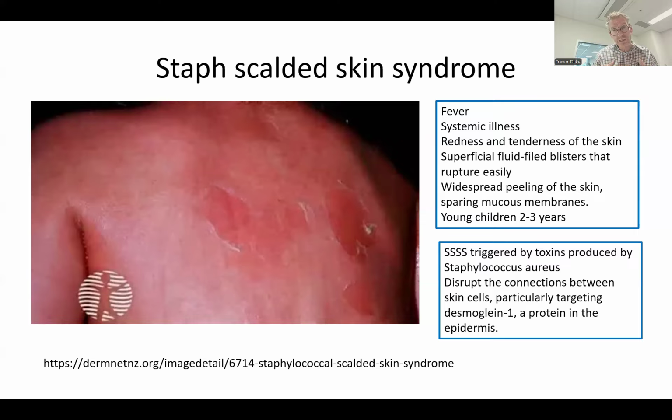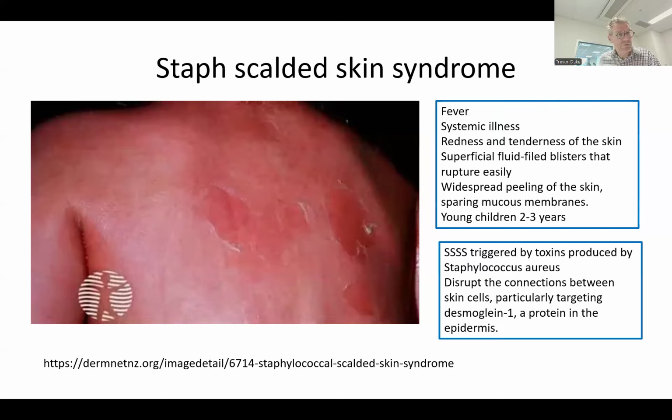And then you get peeling of the skin after the blisters rupture, and what has arisen from that is this sign called Nikolsky sign, which is where the epidermis sloughs off. When you just gently touch the epidermis and slide your hand across the skin, then the epidermis peels off in areas that are very inflamed.